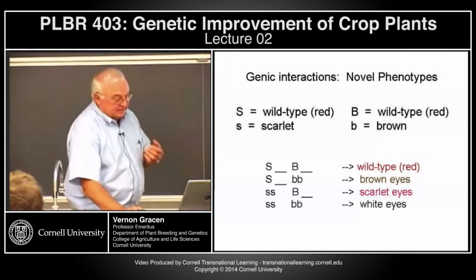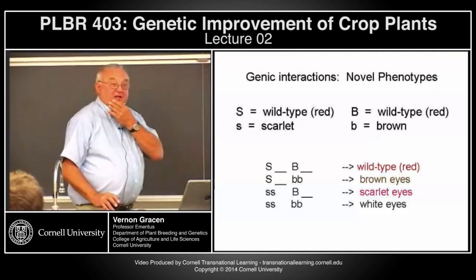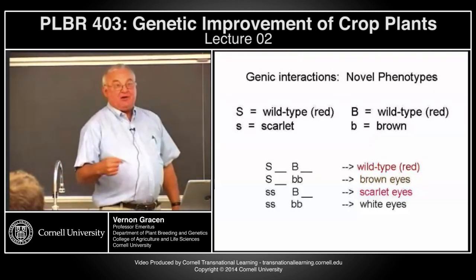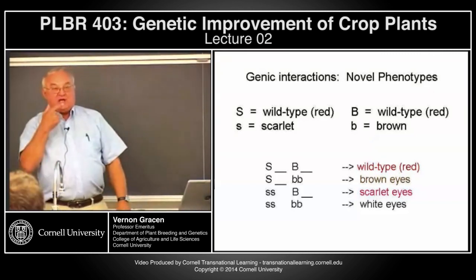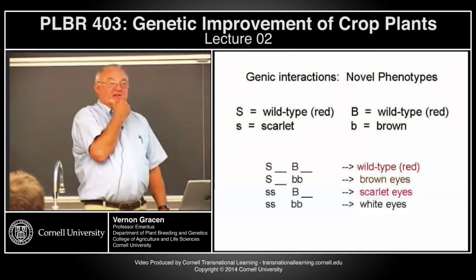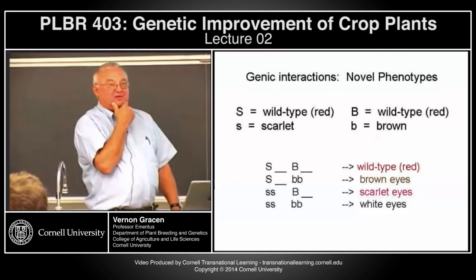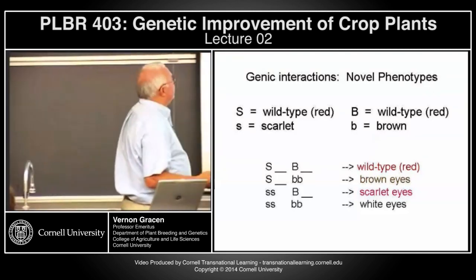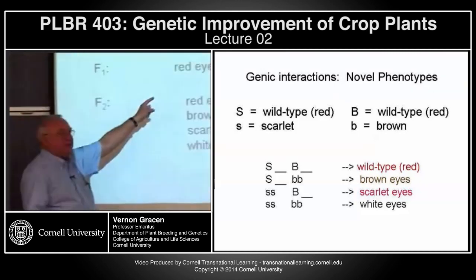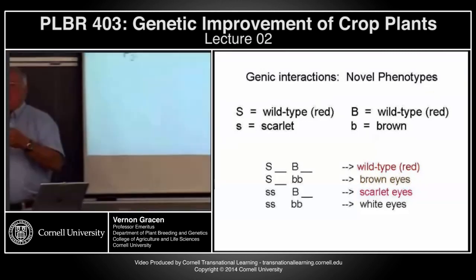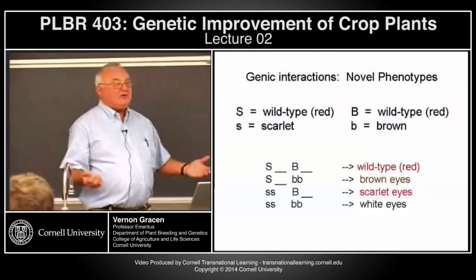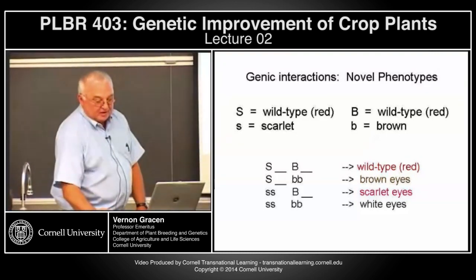Well, you get red-eyed and white-eyed in the F2 generation, but you also get brown-eyed and scarlet-eyed Drosophila. And you think, well, that doesn't make sense. The red eye clearly is dominant over the white eye, so we're clearly dealing with a single locus. How do we get, well, it turns out we're not.